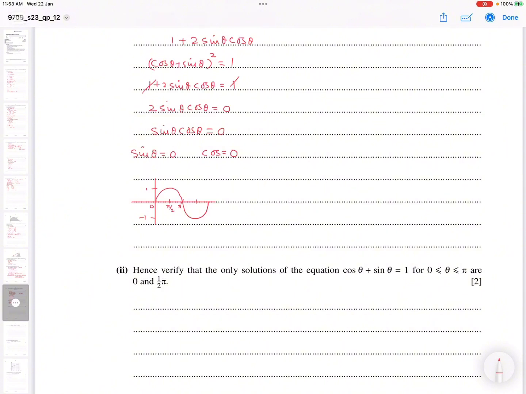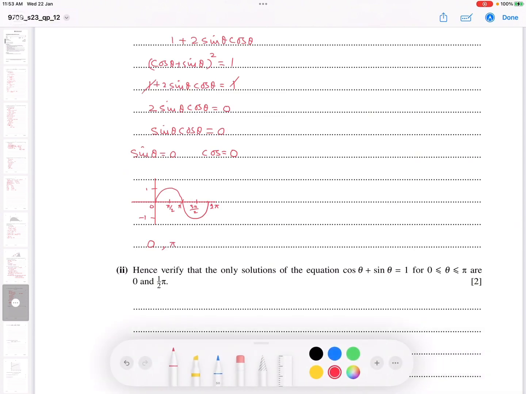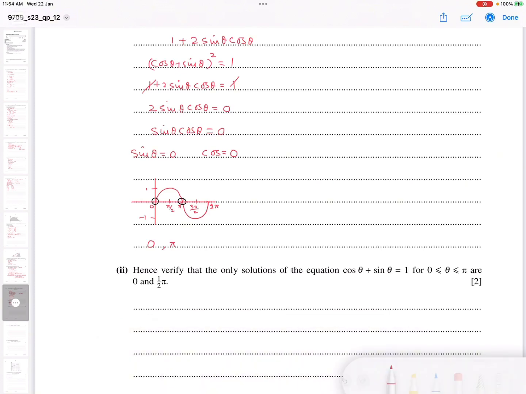This is 3 pi by 2, which is 270, and this is your 2 pi, means 360. So at 0 your sine is 0, and at 180, means at pi, your sine is 0. Let me circle it with black color. Here your sine is 0, here your sine is 0. So two values you can write, 0 and pi.